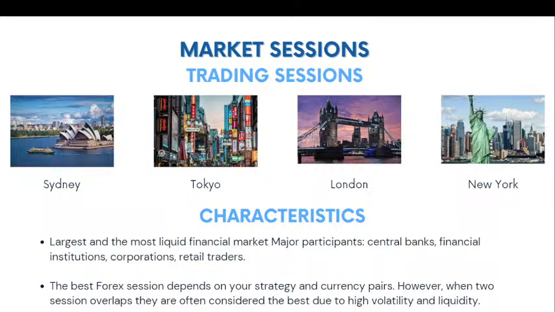All right. So, when two market sessions overlap, they are often considered the best due to high volatility and liquidity. As I said, when the two of them are open, there's a lot of movement, a lot of traders, a lot of volatility, a lot of liquidity. So as a forex trader, high volatility and high liquidity means a lot of moves. Our wins or losses are calculated in pips, and these pips tend to be high and massive when the currency pairs are overlapping.